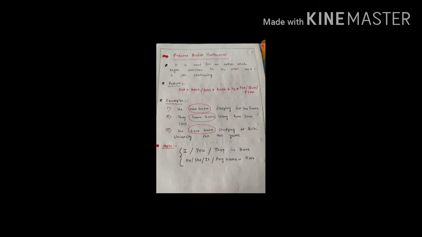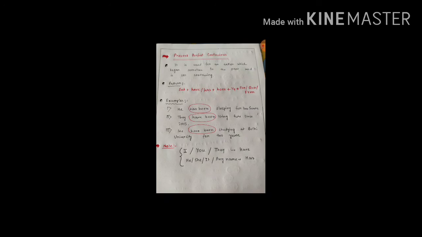The next example is, they have been living here since 2015. Here the period is mentioned and we use since before the year. They have been living here since 2015.